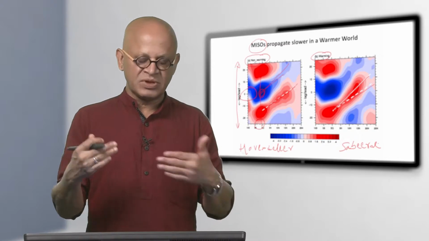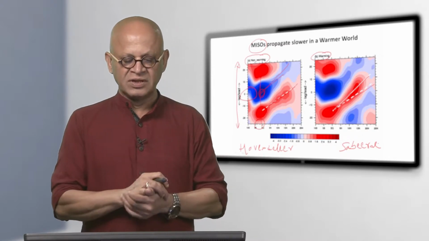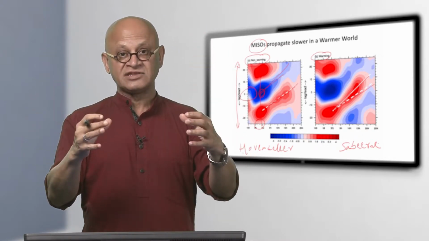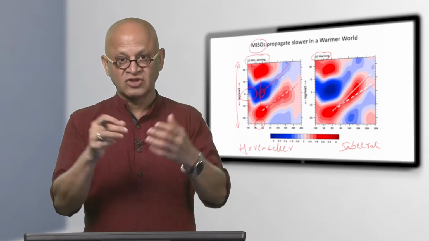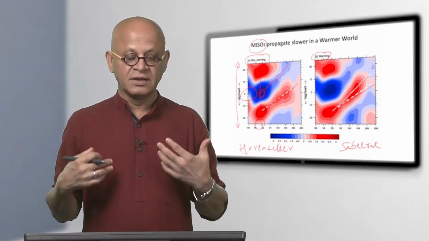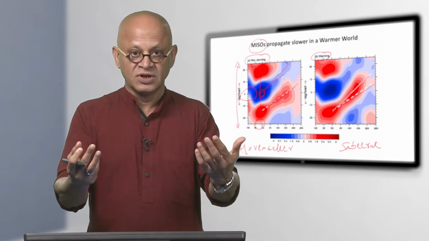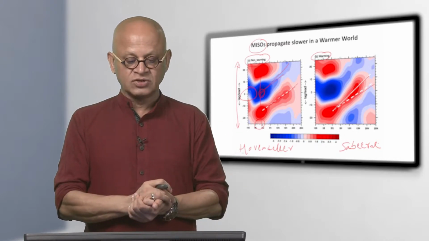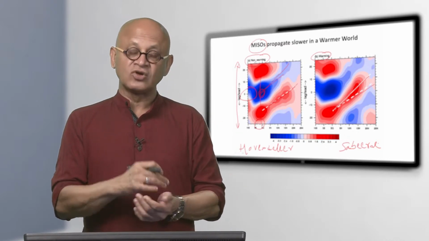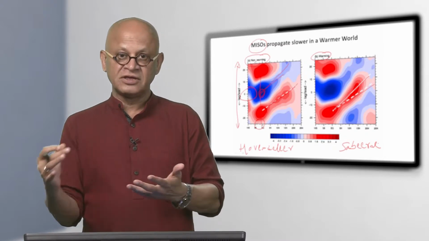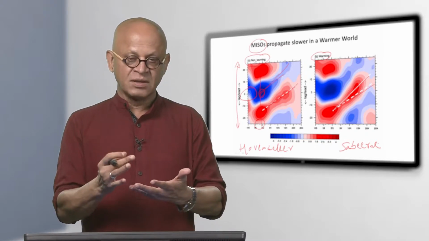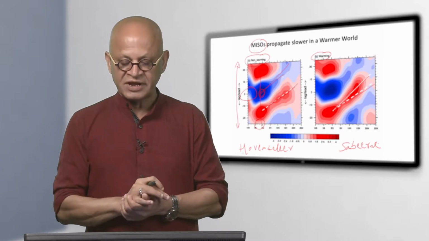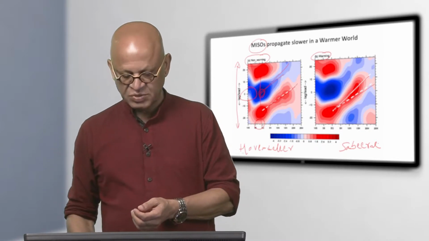It's not that simple because there are many other factors in how the total rain is determined. It's not just because of these northward propagating systems, but they are a major contributor to the total rainfall. So, just keep in mind that not only the onset delay and the withdrawal advance, but also the northward propagating systems have changed in their speed.